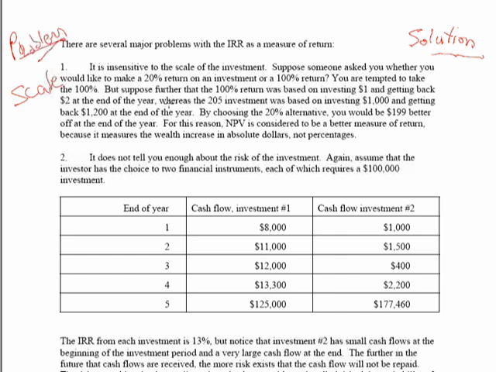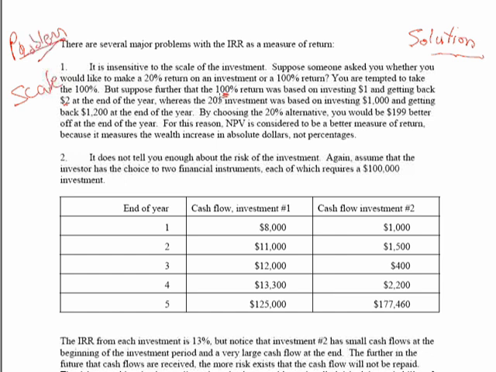Let's say the second deal, the 100% return deal, was that I'll invest $1 for you, and this dollar will make a 100% return. At the end of the year, it's going to grow to $2.